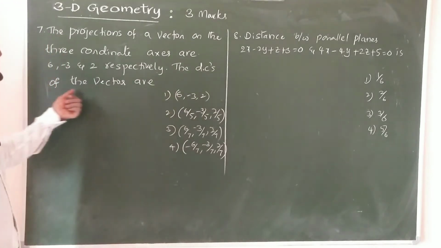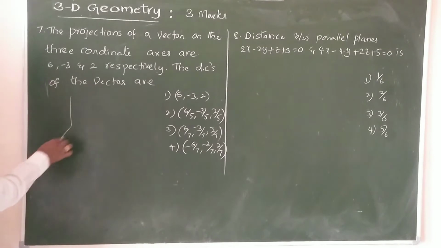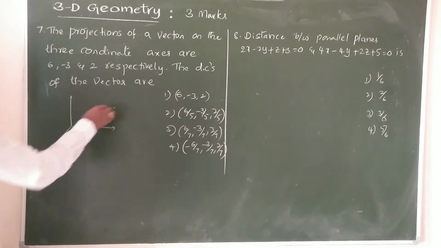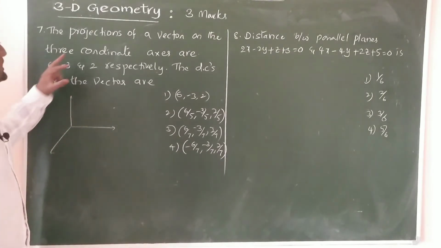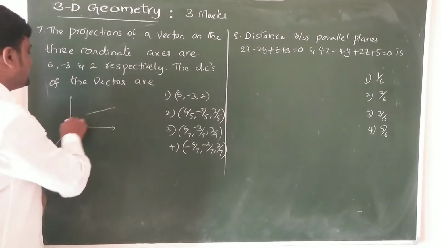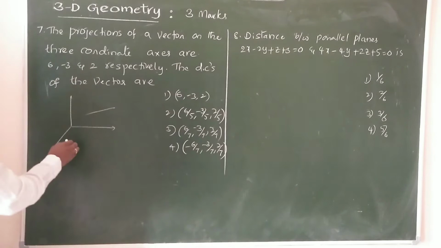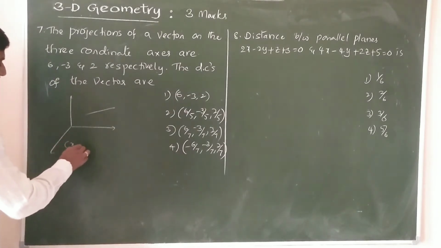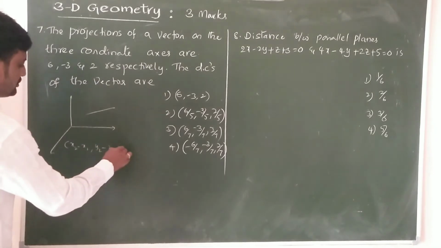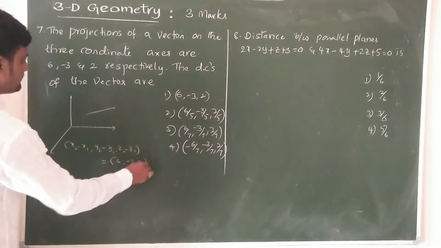The direction cosines of the vector are what? Clearly here it is mentioned. The projections of a vector on the 3 coordinate axes are 6, minus 3, 2 respectively. Now these are nothing but x2 minus x1, y2 minus y1 and z2 minus z1, which equals 6, minus 3, 2. Okay.